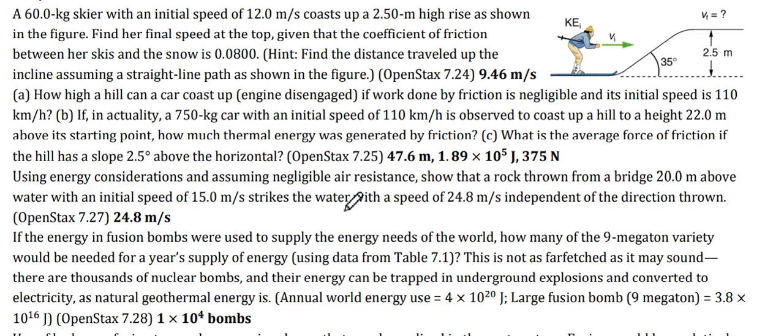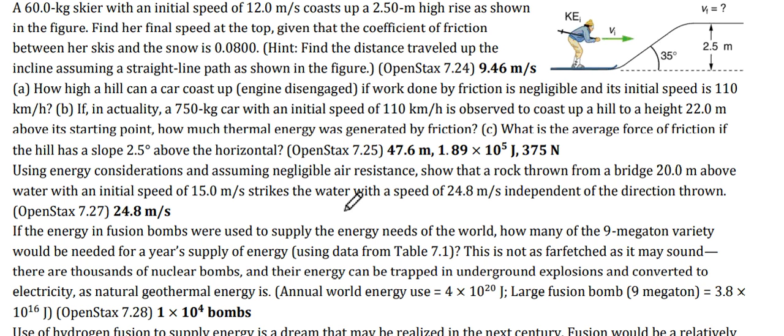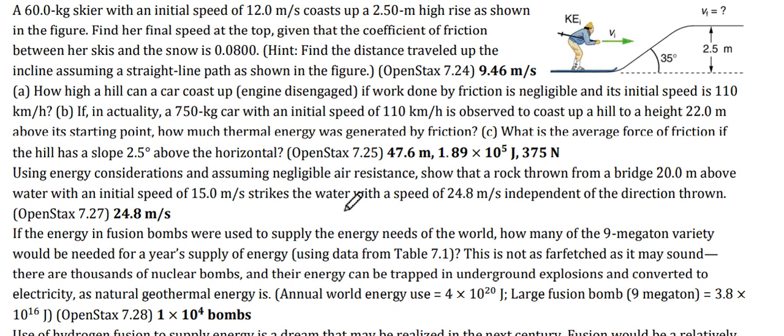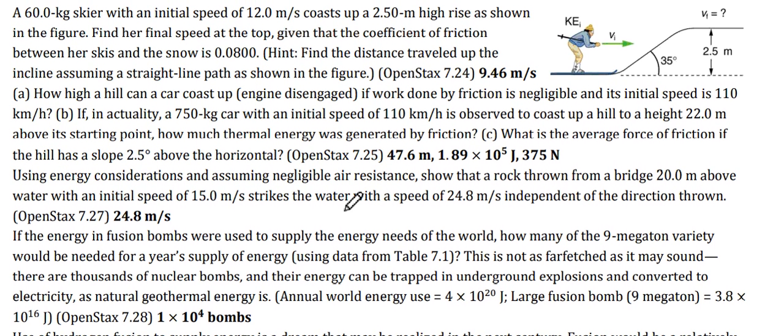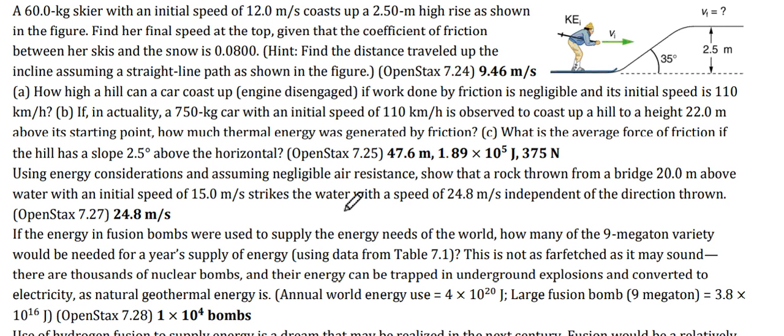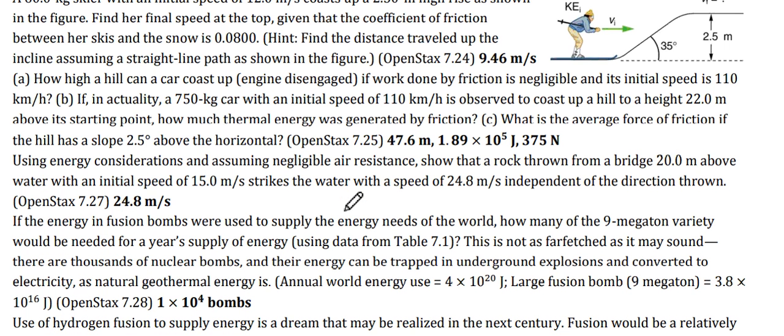So part B, continuing. If in actuality the 750 kilogram car with that initial speed is observed to coast up the hill, but it only goes 22 meters, how much thermal energy was generated by friction? That's how energy is dissipated through friction. If you rub your hands together, you feel them heat up. That's because friction generates heat.